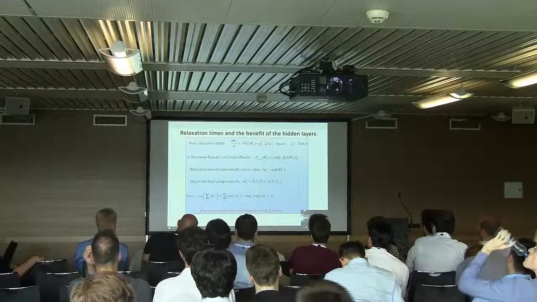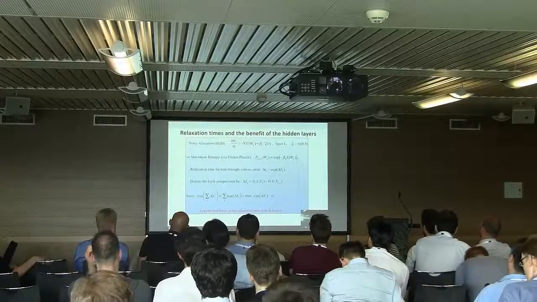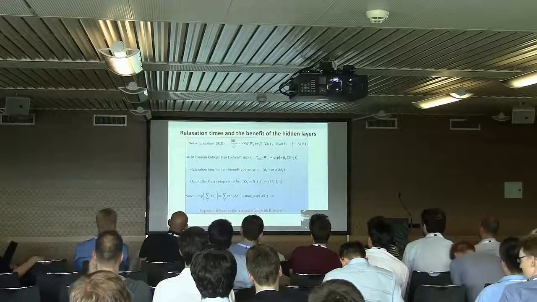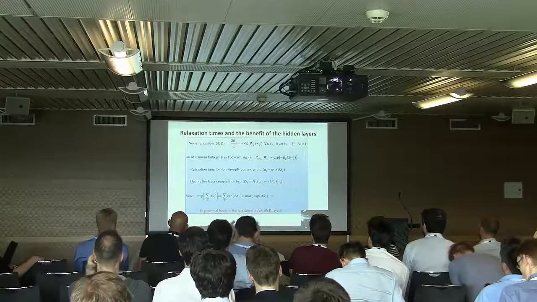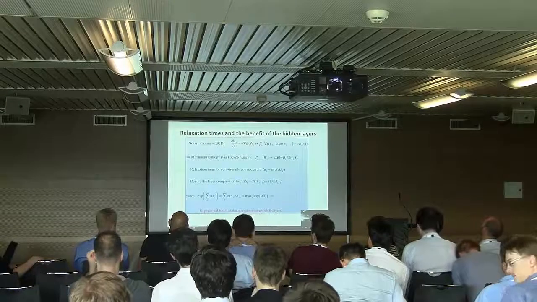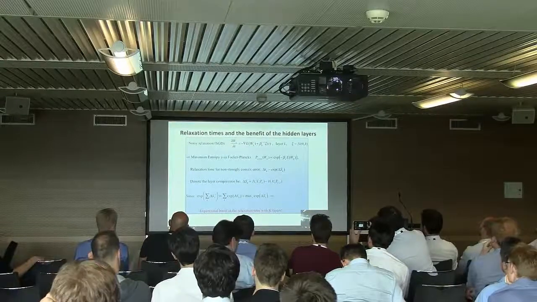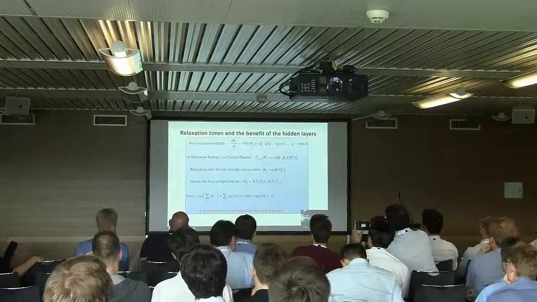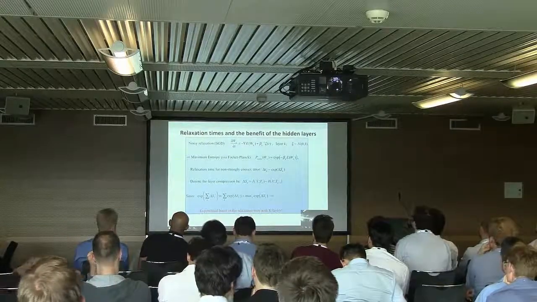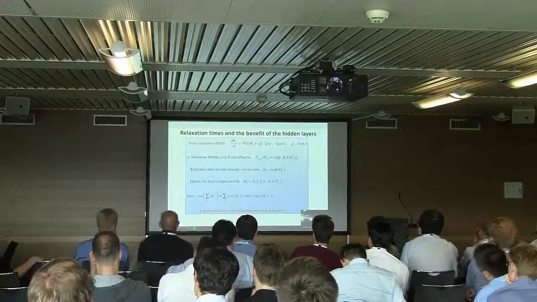And essentially, the sketch of the proof is here. In order to compress by delta S, I need time, and this is exponential in the compression, due to the properties of the Fokker-Planck equation of the diffusion process.